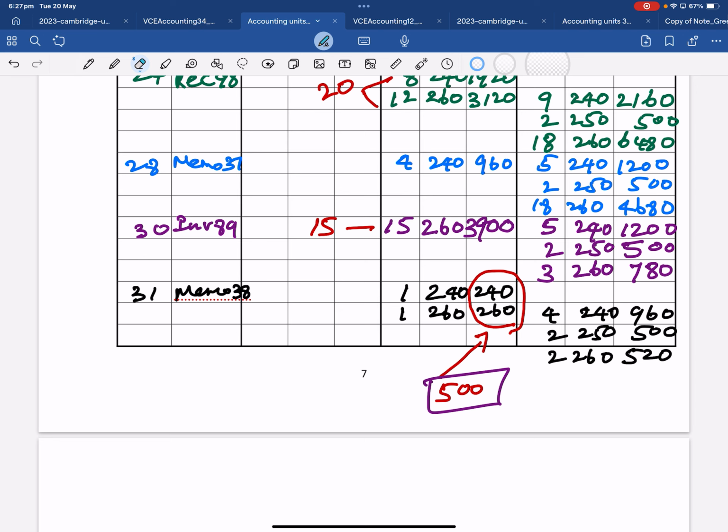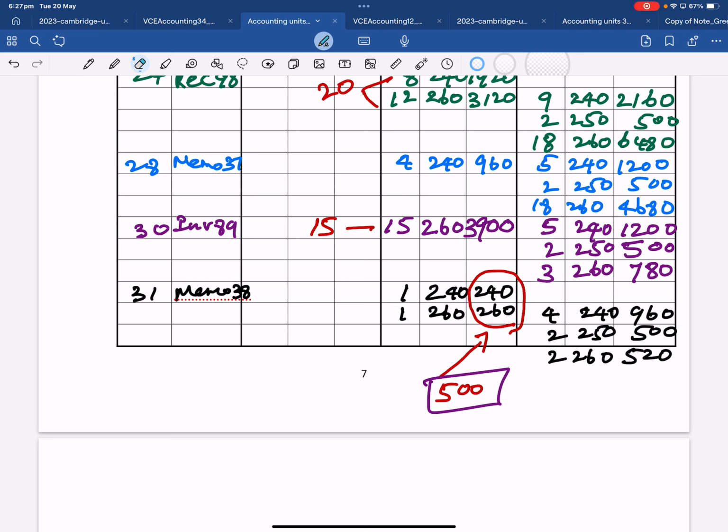Now see, before the inventory, what happened? We said we have 5 at 240 each, 2 at 250, 3 at 260. Altogether, how much? 2,480 worth of inventory.